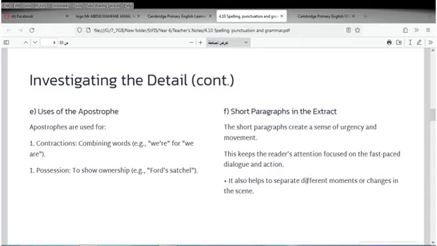It also helps to separate different moments of a change in the scene, as we said, because each paragraph has one event, one topic. So when you have more than one paragraph, it means you have more than one event or more than one topic. And you are putting them in order, you are separating them from each other to make the reader interested in reading more and more.